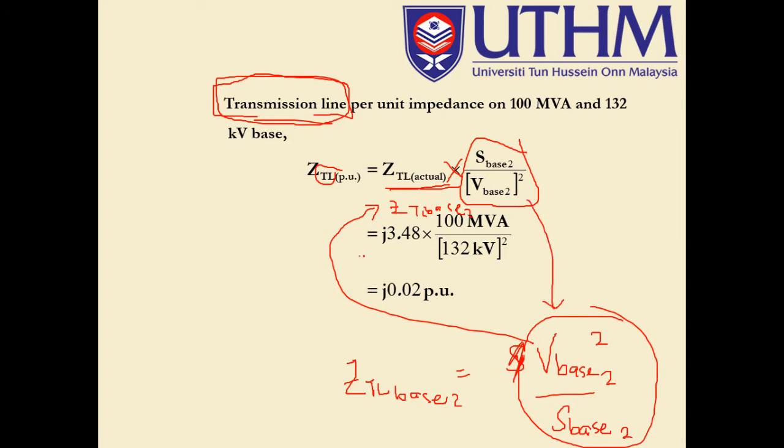Substitute the value of ZT actual J3.48, and the S base 2 as well as the V base 2 squared. Now the final value of ZT pu is 0.02 pu.